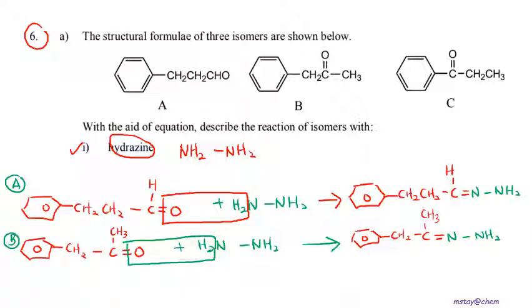Now let's continue with C. Basically we just repeat the same thing. No matter how the structure looks, you just change the position. For C, here I will make it CH2, CH3, and then the double bond O at the right hand side, and then react with hydrazine.